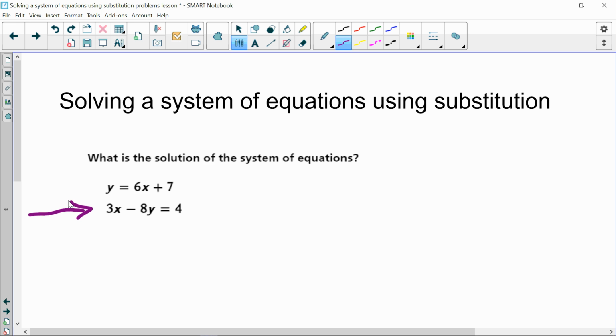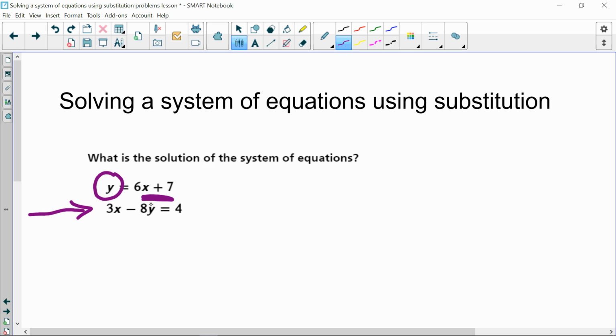Well, I know that y right here is equal to all of this. So it's the same thing. We talked about substituting. If you go into a game for another player, then that player comes out, you substitute it in for him. If I have a substitute teacher, I leave the class, I'm not there, and that substitute teacher comes in.